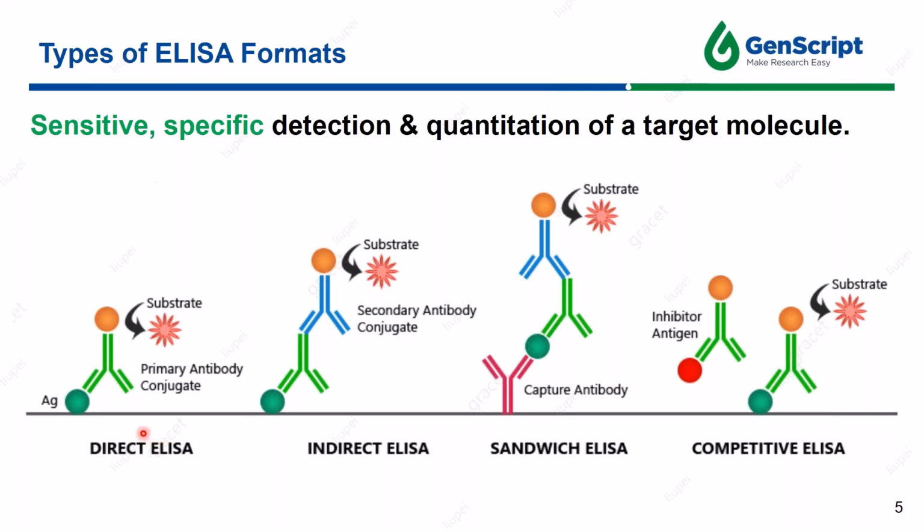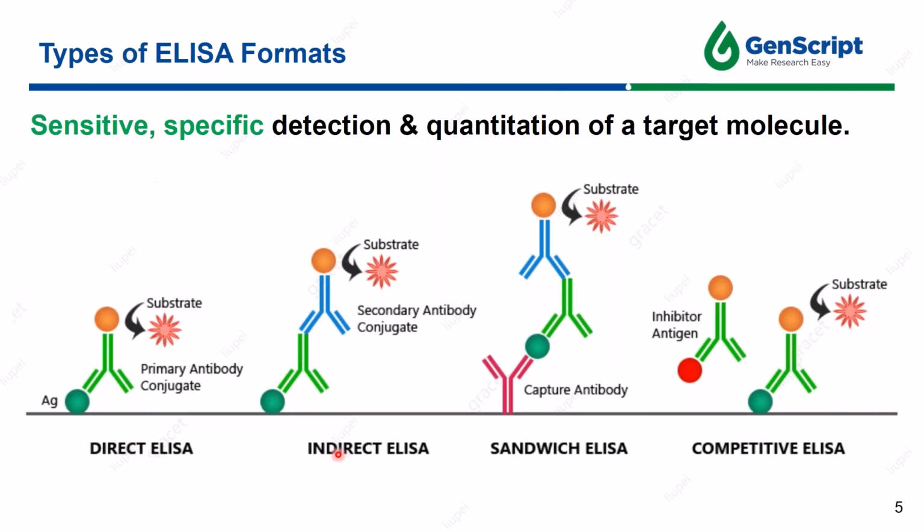Direct ELISA is also less flexible since a specific conjugated primary antibody is needed for each target protein. Also, since no secondary antibody is used, there is no signal amplification, which reduces assay sensitivity. So the direct ELISA technique is typically used when the immune response to an antigen needs to be analyzed.